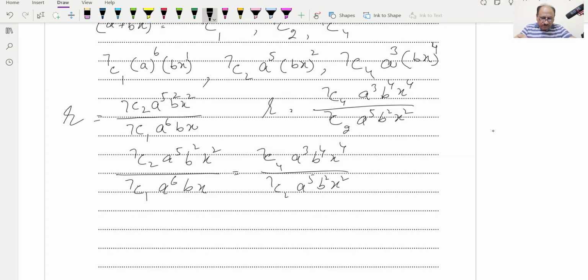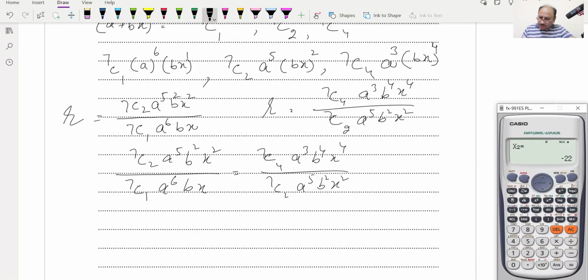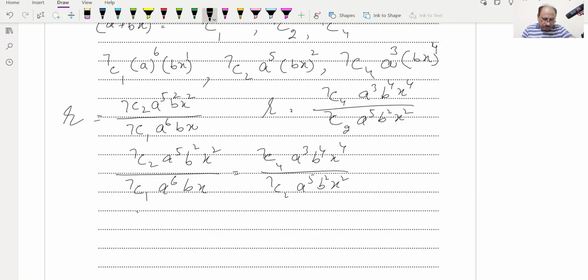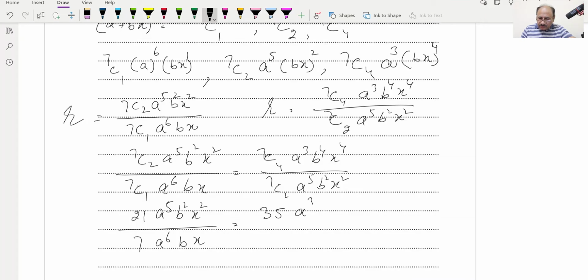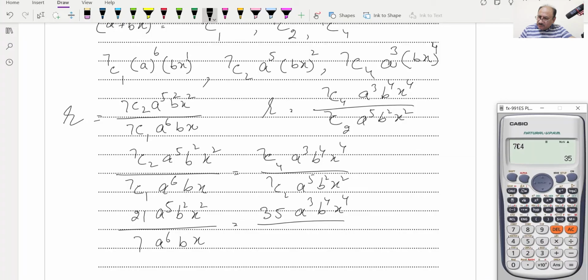After simplification, 7C2 is equal to 21, so we can write 21 a^5 b^2 x^2 over 7C1, which will be 7, so 7 a^6 b x, and this will be equal to 7C4, which will be equal to 35, and this will be a^3 b^4 x^4 divided by 7C2.